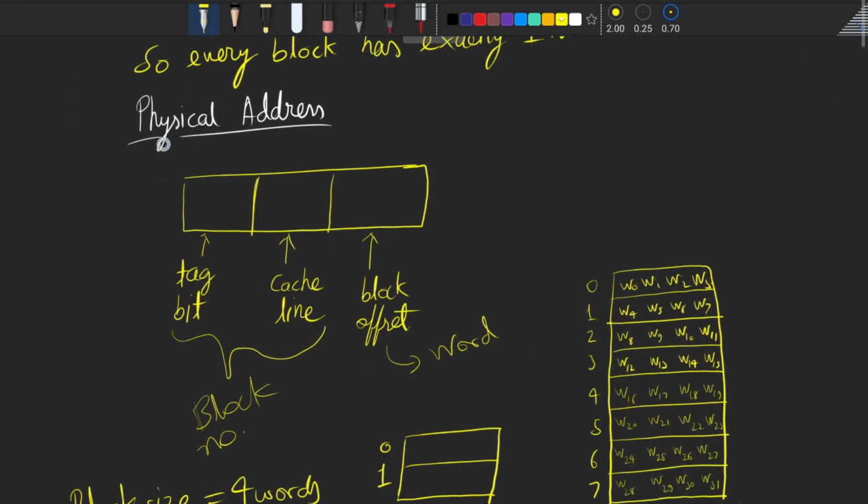Now, let's look at an example and understand how our physical address looks and what each part specifies. Our physical address is divided into three parts: tag bit, cache line, and block offset. The tag bit and cache line together determine the block number, and the block offset determines the specific word.